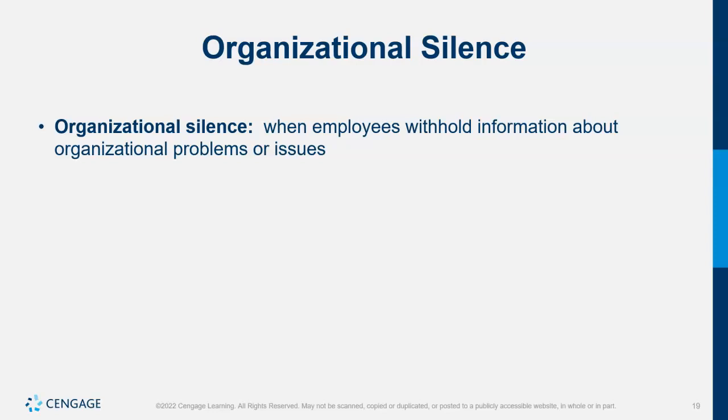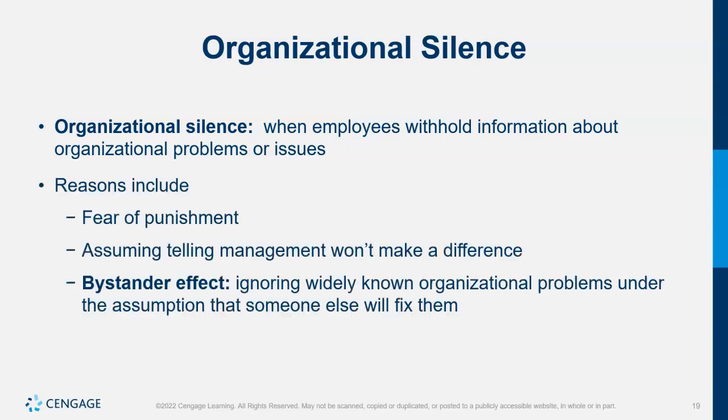Sometimes organizational silence occurs, and this is when employees withhold information about issues or problems within the organization. This can happen because they have a fear of punishment, they don't think management will do anything, or they think someone else will fix it.